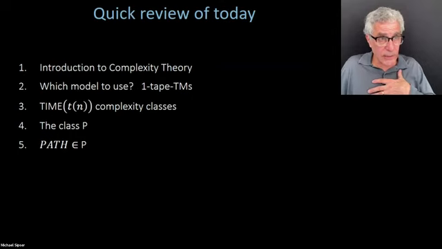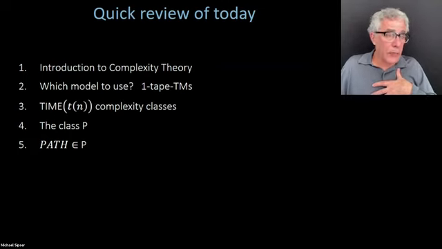That's not the model that we have defined, but you could define a model like that. But as long as the total amount of work being done by the machine at any step is a polynomial amount of work, then you can convert it to a one-tape Turing machine with only a polynomial increase in the bound. Okay. So, you want to be careful of machines.